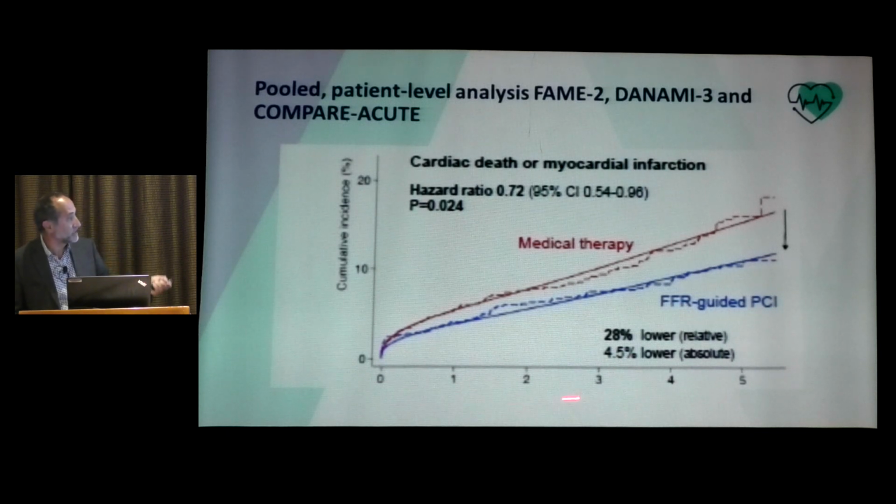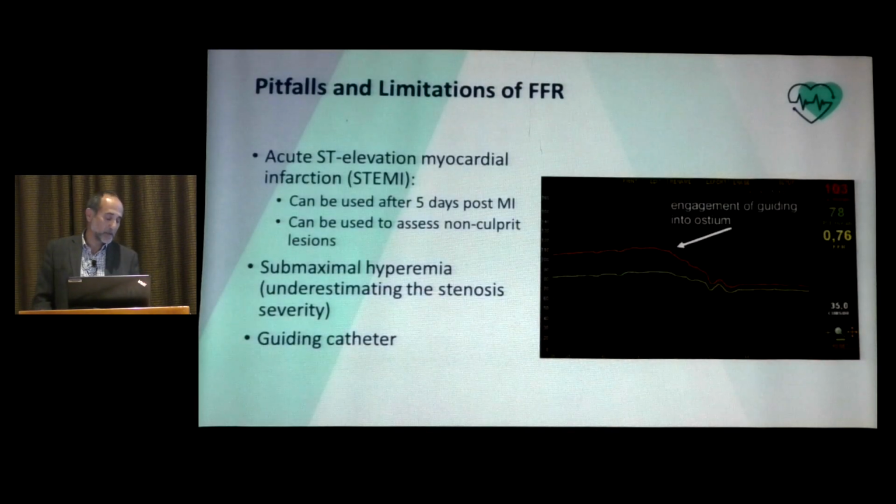So this is very reassuring: when you perform FFR-guided PCI in patients with stable coronary artery disease, you can get long-term reductions in MACE, in urgent revascularization, and in death and myocardial infarction.